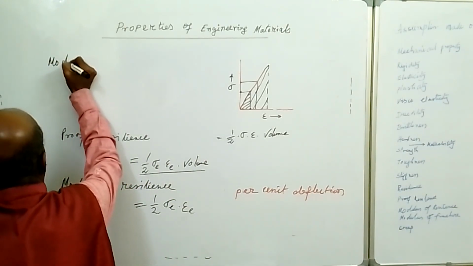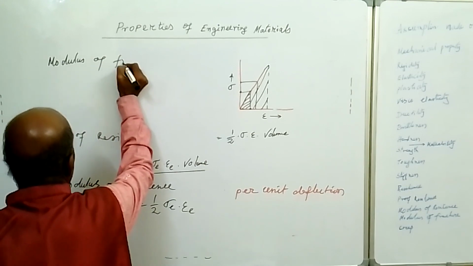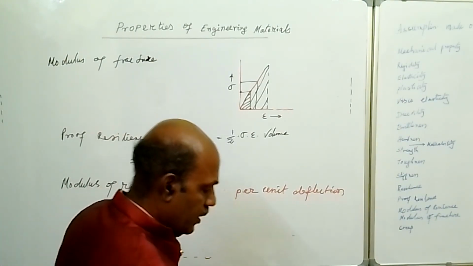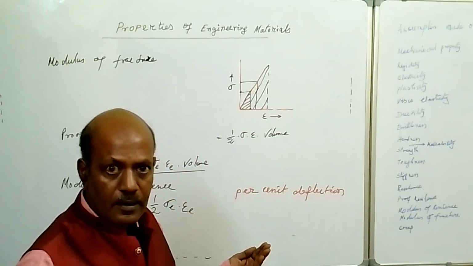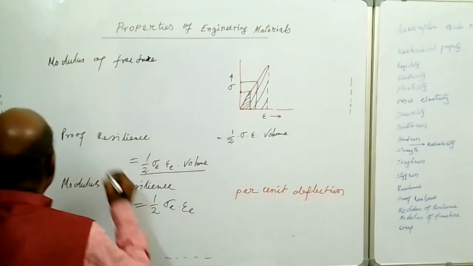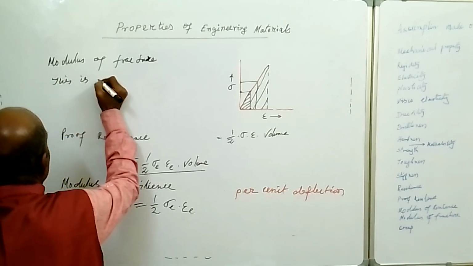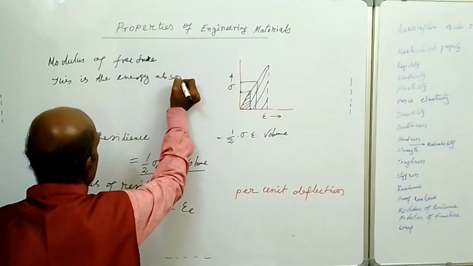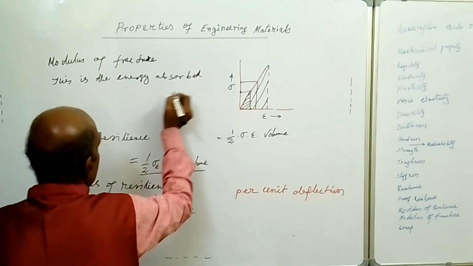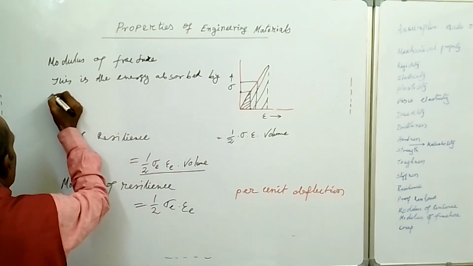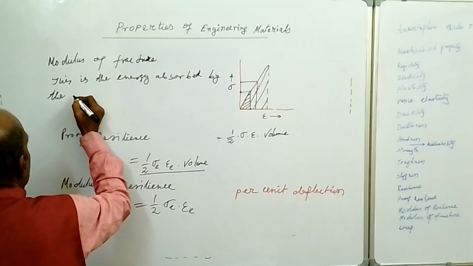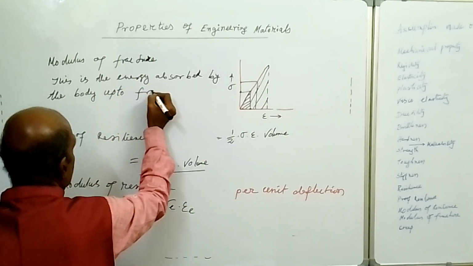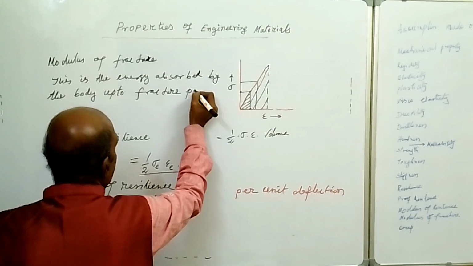That is the modulus of fracture: the energy absorbed by the body up to fracture per unit volume.